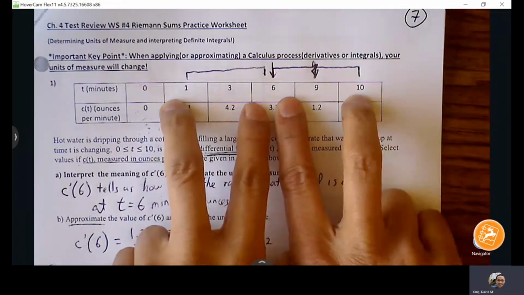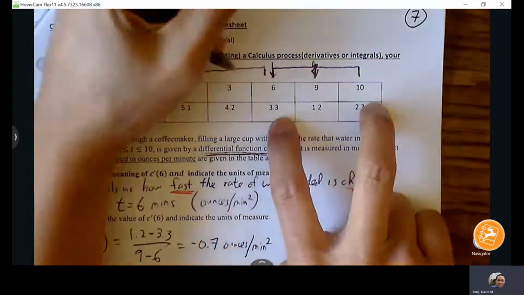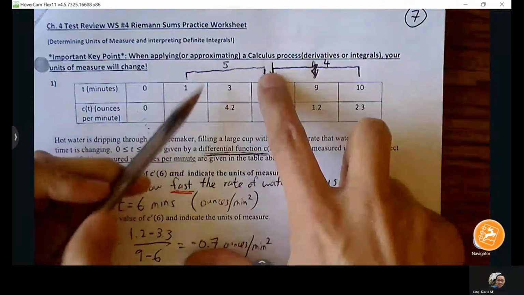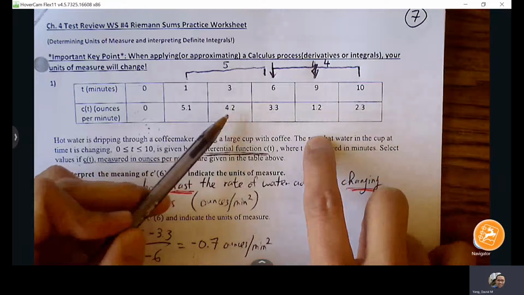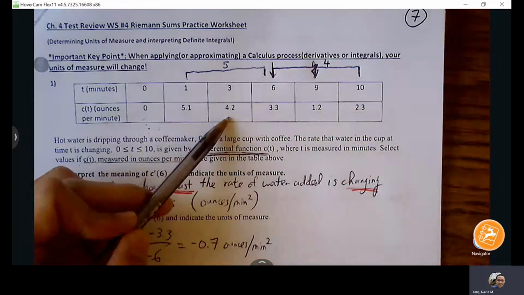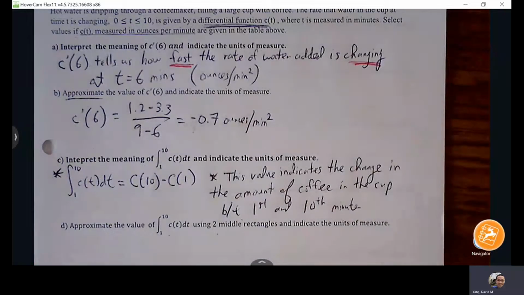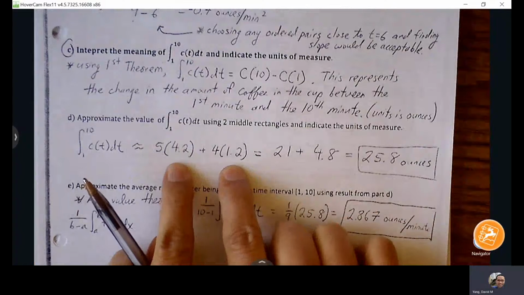So we just have to find the widths and the heights. The width is subtracting the minutes. 6 minus 1 is 5. 10 minus 6 is 4. Width times height, you want to pick the middle y value. So 5 times 4.2, and then 4 times 1.2.